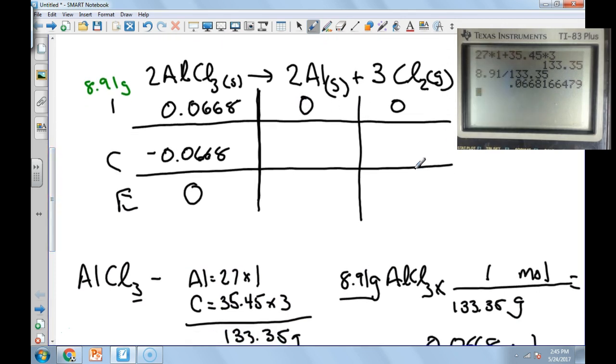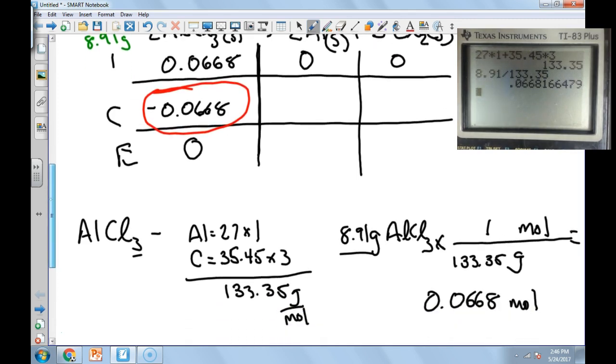Now, here's the thing: based on this change box right here, and I get that these two are the same, but they're not always going to be the same, we can calculate the rest of the values in the ICE chart.